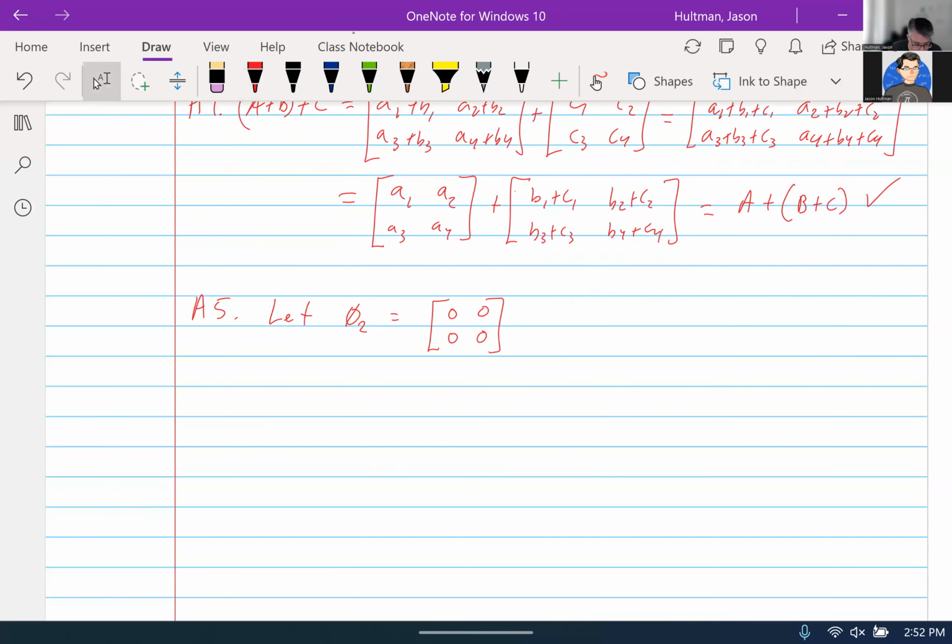So A plus O2 is equal to A1, A2, A3, A4 plus 0, 0, 0, 0.